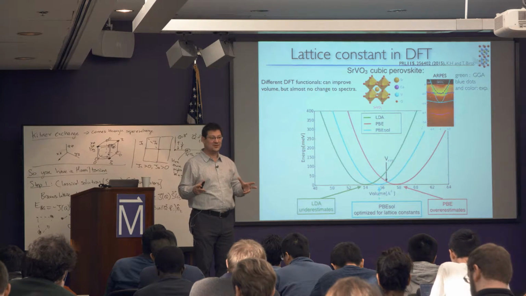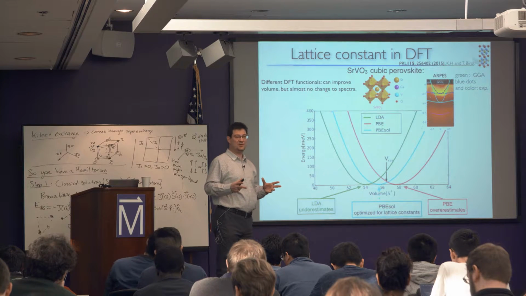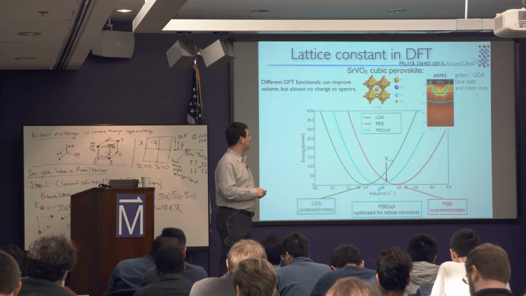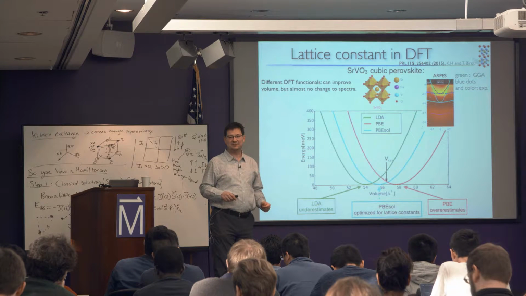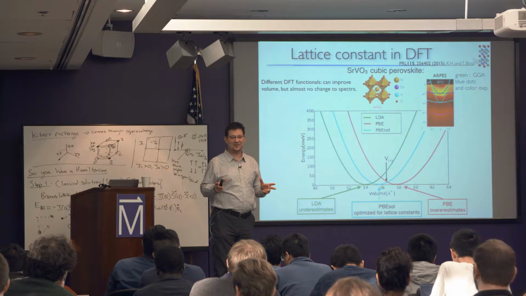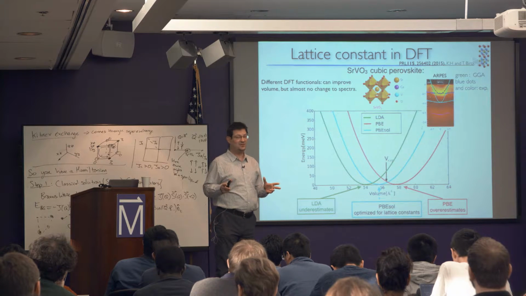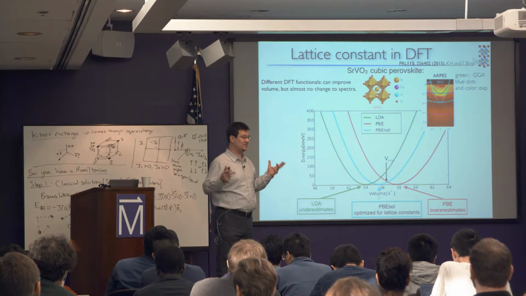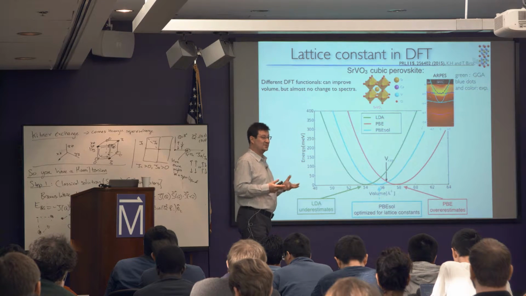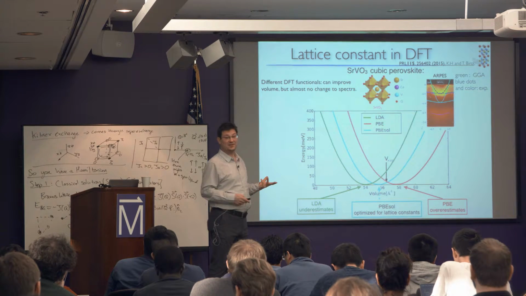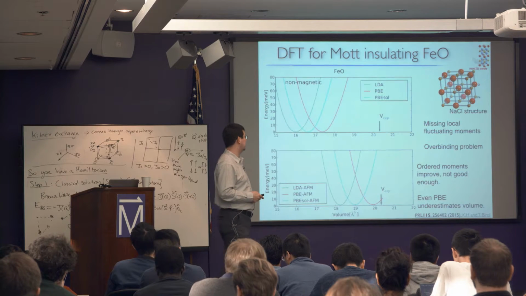So therefore, in some sense, we have a hard job. In our beyond-DFT approach, we want to correct spectra, but we should not make the structures worse. Naively, you would say, well, once you correct spectra, structure is also going to be corrected. But in this case, you don't want to correct it, because it's already very good.